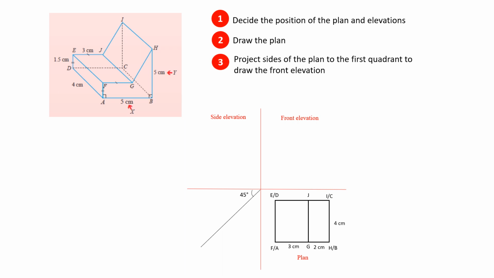Third step, project the sides of the plane to the first quadrant to draw the front elevation. So the lines projected should be thin solid lines. Then draw the sides to connect, and also label the length.